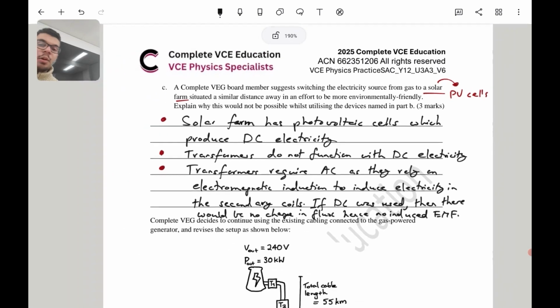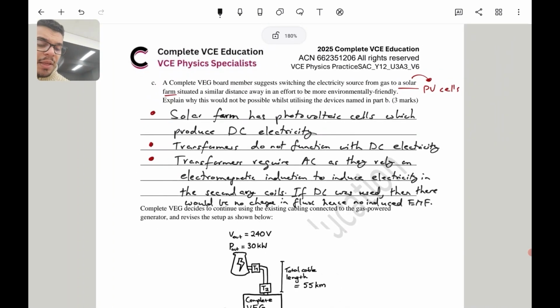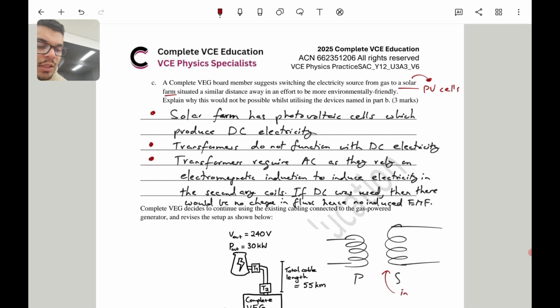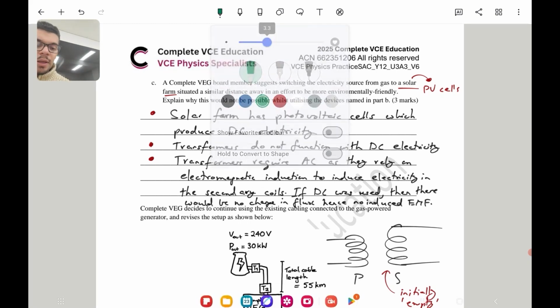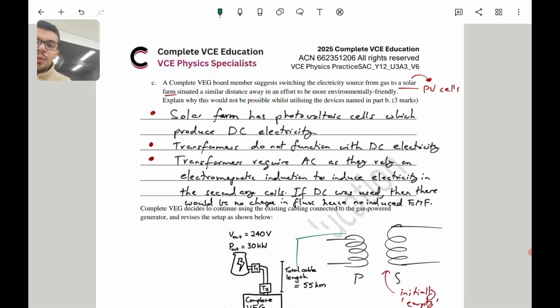I know this sounds a little bit complex, guys, but let me explain this. So let's say we have two coils. Here's our primary and here's our secondary coil. Now the secondary coil is actually initially empty. What this means is that there is no electricity flowing through the secondary coil at the start. The primary coil though, on the other hand, is connected to some sort of source, right?